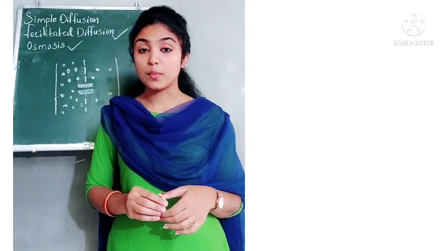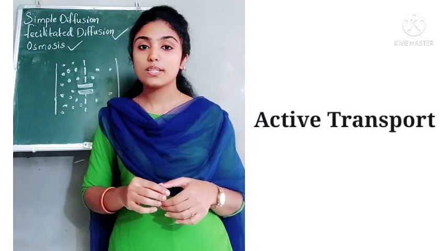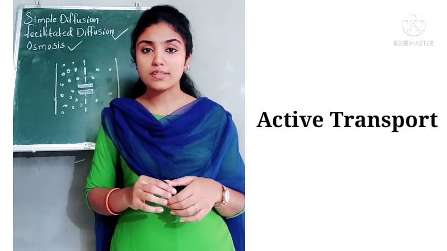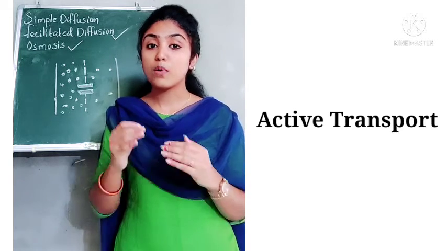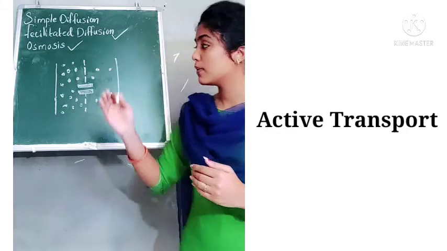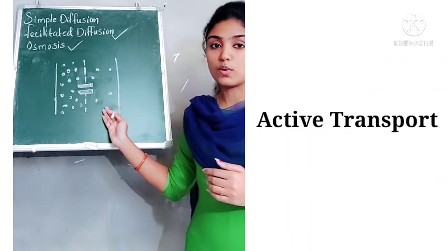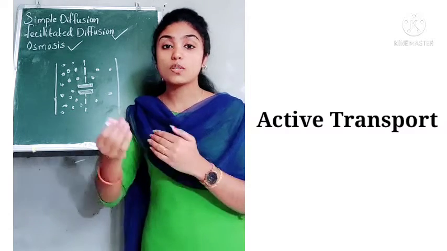Okay, now we shall learn about a special type of transport of molecules, which is called active transport. So what do you mean by active transport? Till now we studied that the molecules always move from the region of higher concentration to the region of lower concentration. But in active transport, just the opposite is happening.